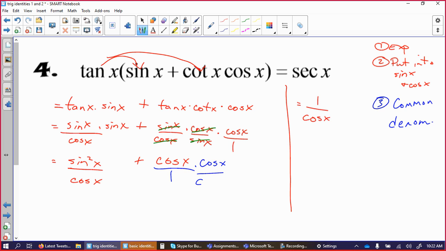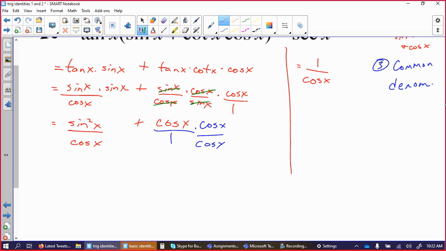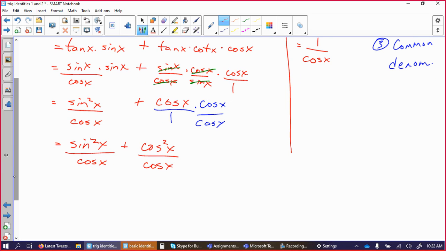Cos x over cos x. Back to red. Haven't done anything to this side. Sine squared x over cos x. Cos times cos is cos squared.